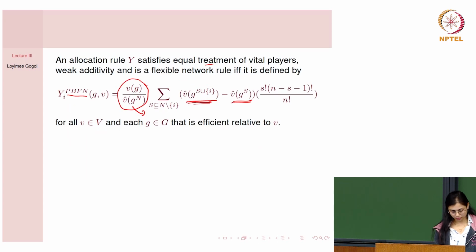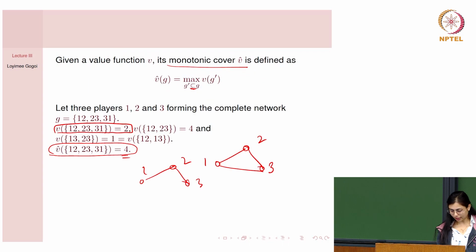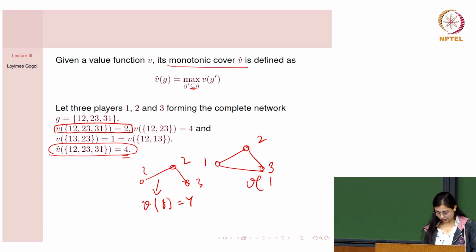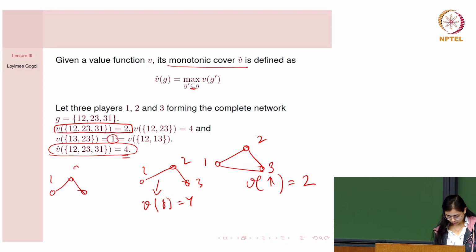I was talking about this example. So here, as I said, the worth for this network is 4, but the worth for this network is 2. So it will consider, and other worths are like 1, 3, 2, 3.